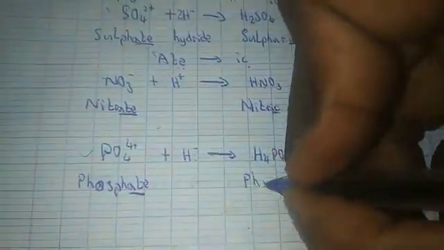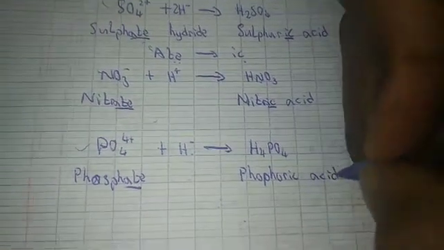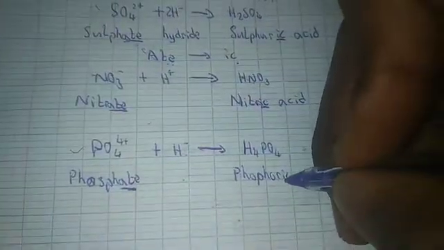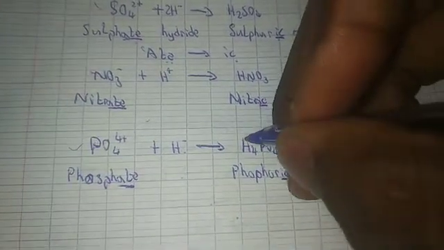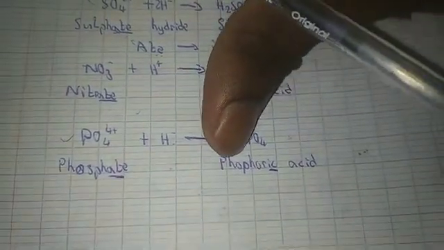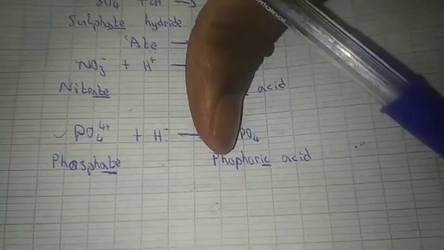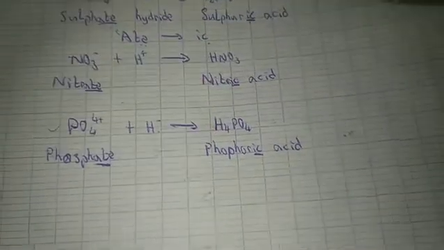So this here is phosphate, and this is phosphoric acid. Remember again, when it ends with ate, you just replace the suffix ate by ic. Or when you get this acid and you don't know the name, just remember the hydrogen proton will be given out, and the acid will be left with this ion PO4. We know that PO4 is phosphate, and therefore its acid is phosphoric.